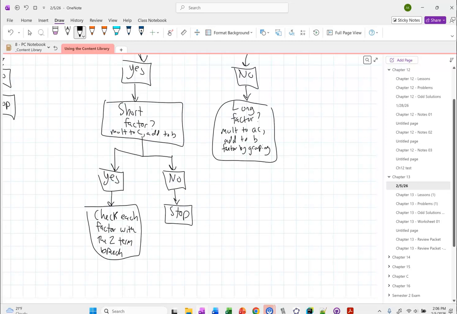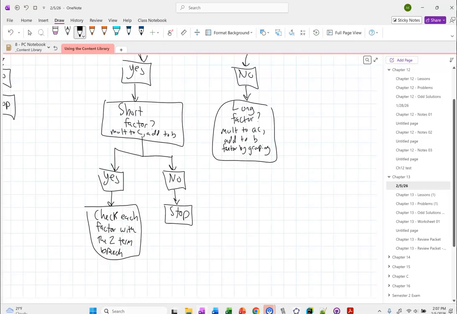So to do that long factoring, we have to find the two numbers that multiply to give us A times C and add to give us B. And we use those two numbers to create a new 4-term polynomial that we factor by grouping.